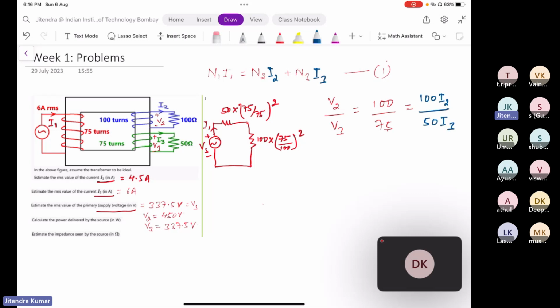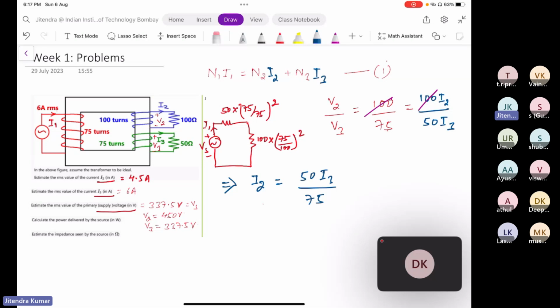Okay, so now if I equate it, first let me cancel out this 100 and this 100. And now I can write I2 is equal to 50 I3 divided by 75. Okay, so I guess I am right.